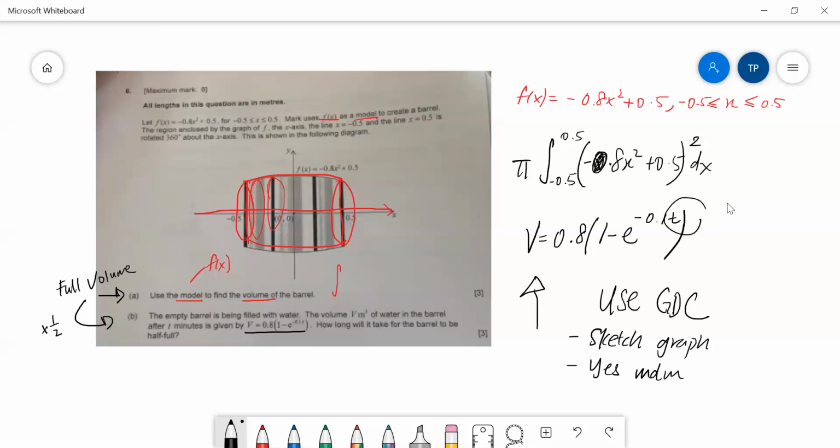The full volume, the volume of the barrel. Do you multiply by pi as well? Yeah, so you did this whole thing. 0.6.